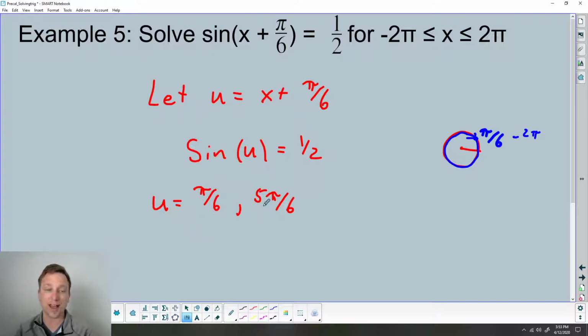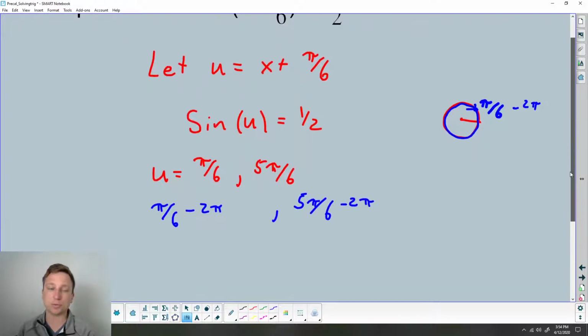So we have other values between negative 2 pi and 0 that we find by taking the values we found initially, pi sixths, and taking away 2 pi, or going one revolution in a clockwise manner. Similarly, the next value is 5 pi sixths minus 2 pi.